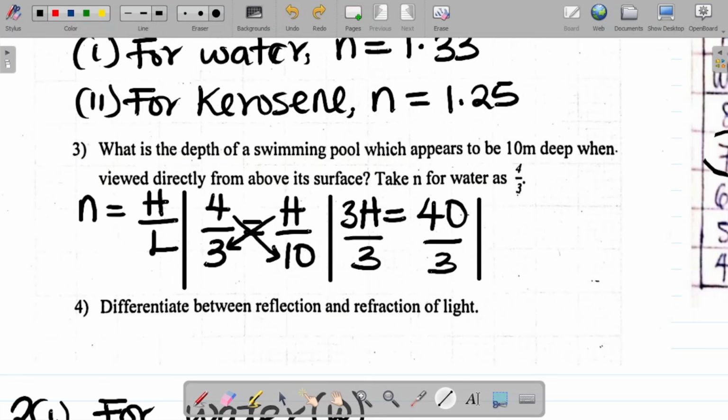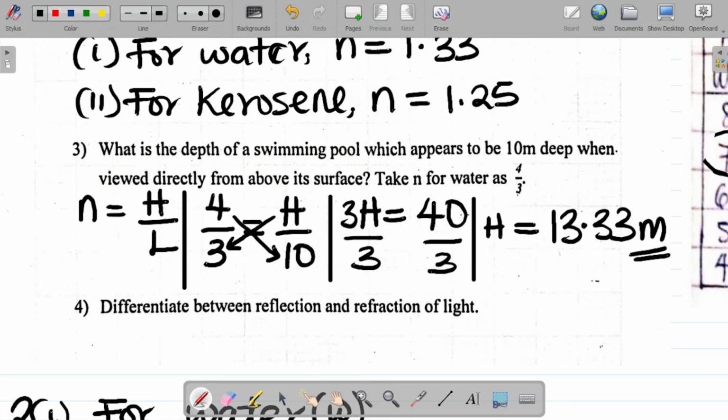If I do that, you have that h is equal to 40 over 3. If I punch 40 over 3, what I have there is about 13.33. Of course, they said in meters, so my answer here is 13.33 meters.